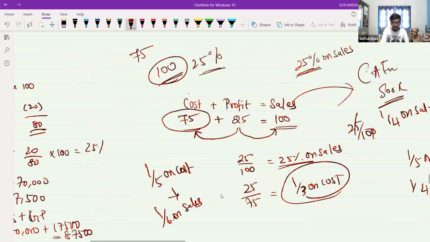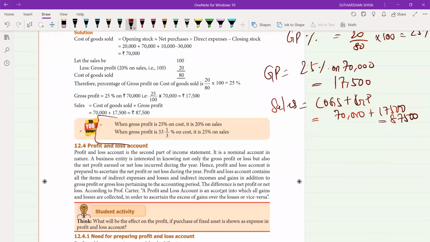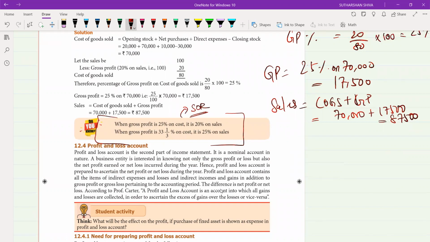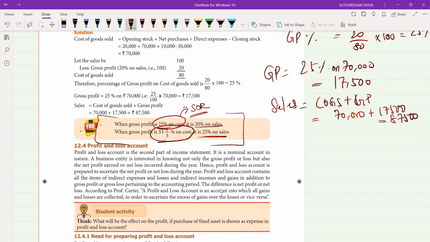Now the surprise is here, just see this. This is something you will learn in your sale or return also, right? 25% on cost is nothing but 20% on sale. 33 1 by 3 on cost is nothing but 25% on sale.